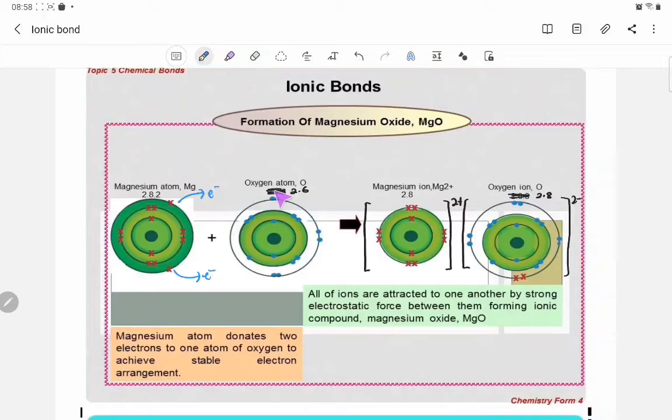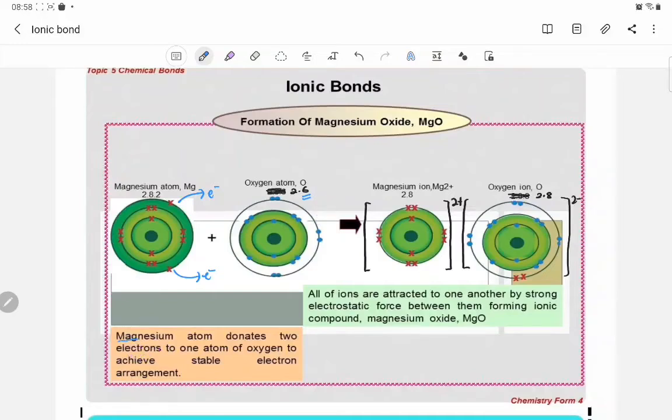Okay, for oxygen atom we have 2.6, where 6 is the oxygen atom's valence electron. So it means that oxygen atom requires 2 more electrons to achieve stable electron arrangement.